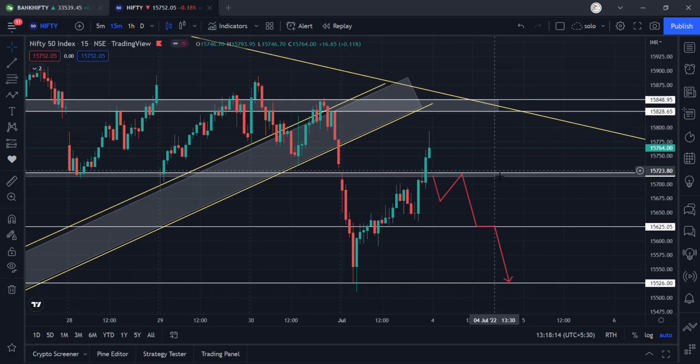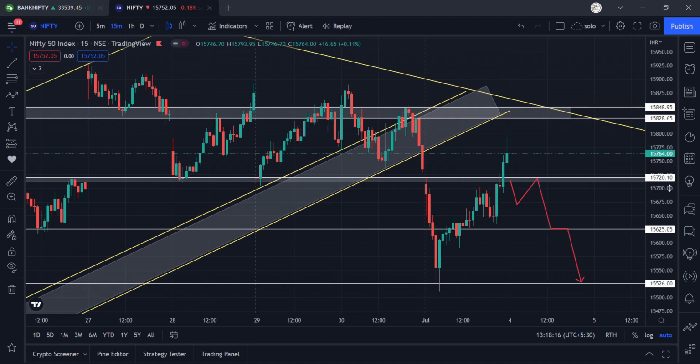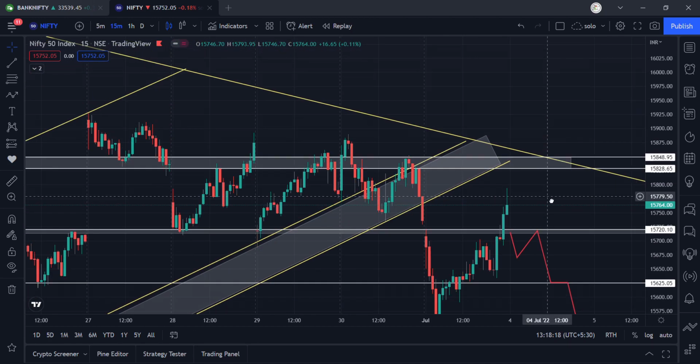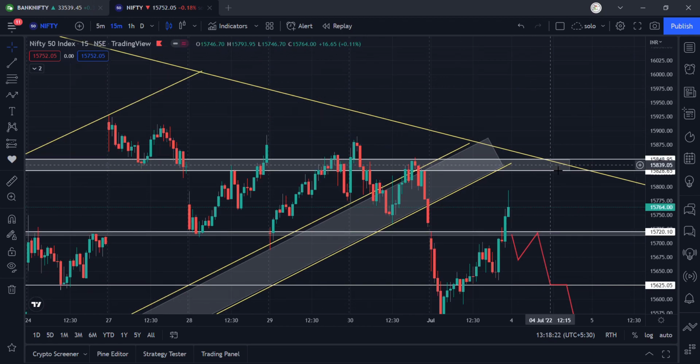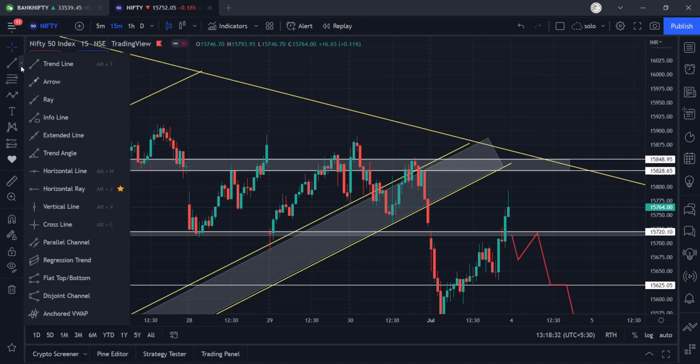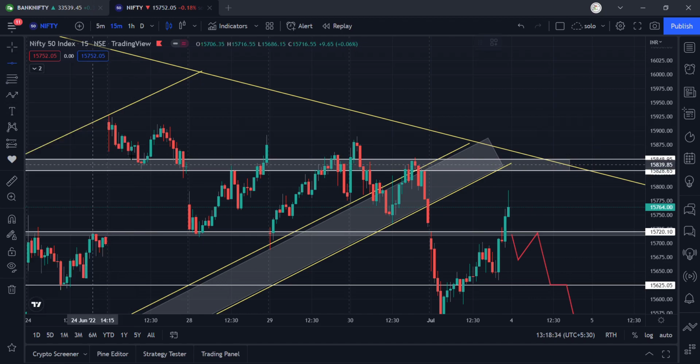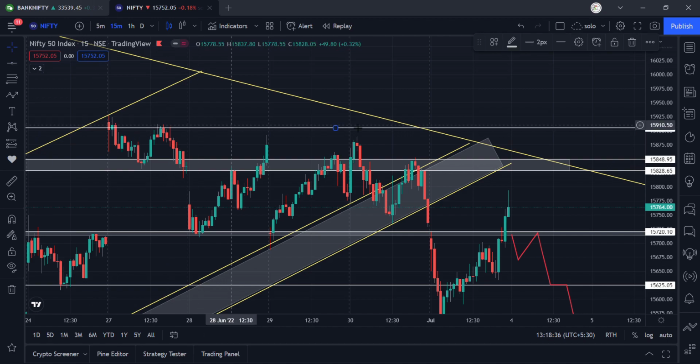So trading towards buy is not good, I think, but it's okay. After breaking this trend line and this support resistance, after breaking both of them, then you can take a trade towards the target of this 15,904.